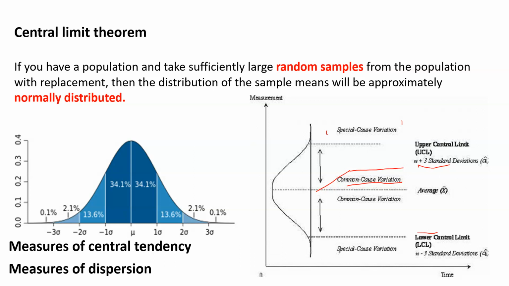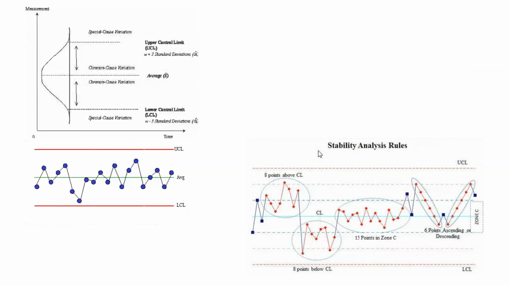So we end up with trends and whatnot inside of the control limits, which would still be considered an out of control condition. And that's where we come to the concept of things such as control charts and run charts.